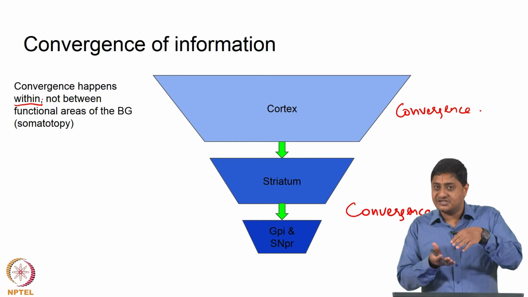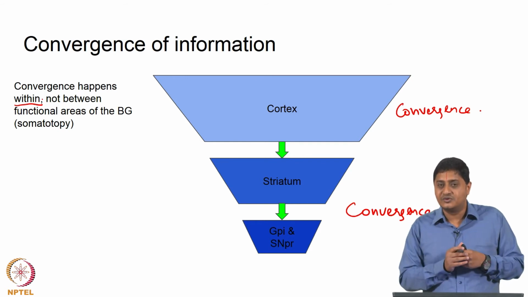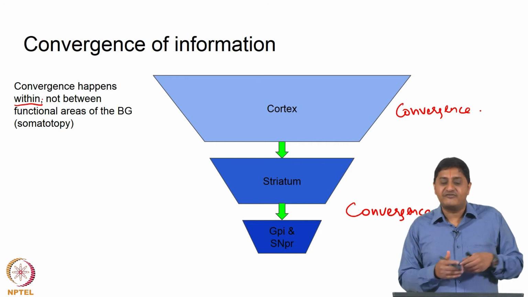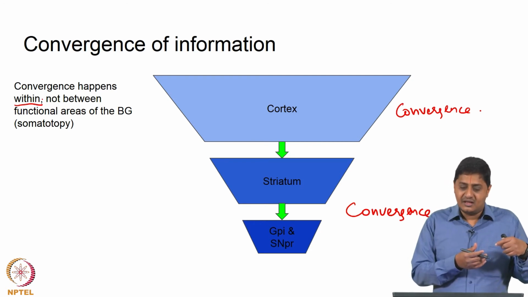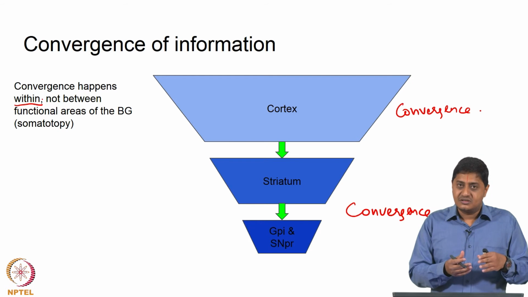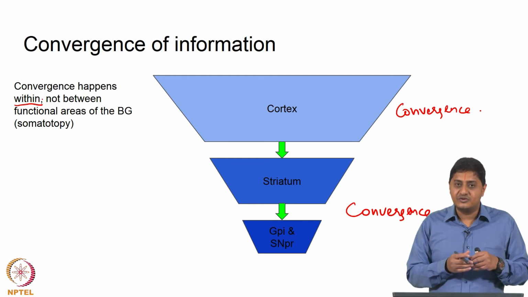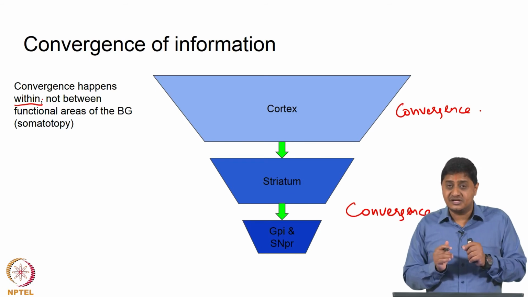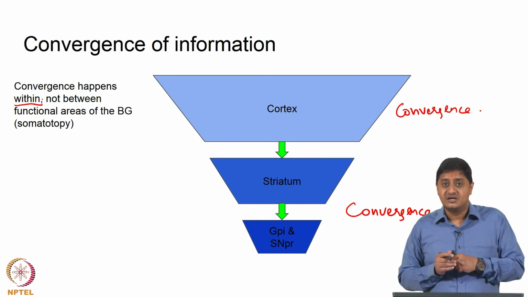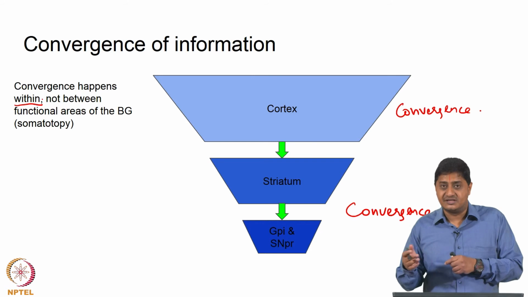There is convergence. A lot of cortical neurons come, say, from the supplementary motor area and they project to a smaller number of neurons in the striatum, and those neurons in the striatum project to a smaller number of neurons in the output circuitry, basically the pallidum.